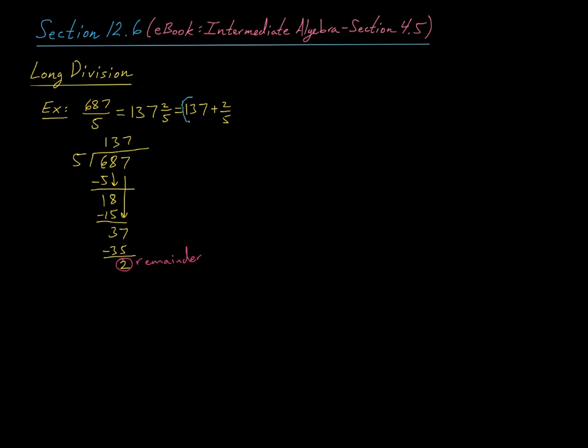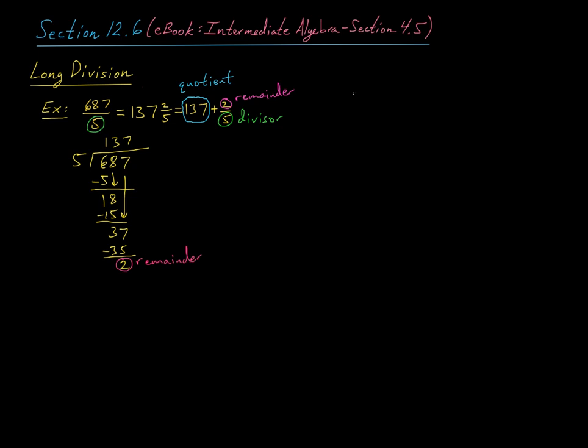Now a little bit more terminology. This 137 we call the quotient. As we already said, the 2 is the remainder, and the 5, the thing that's doing the dividing, we call the divisor.